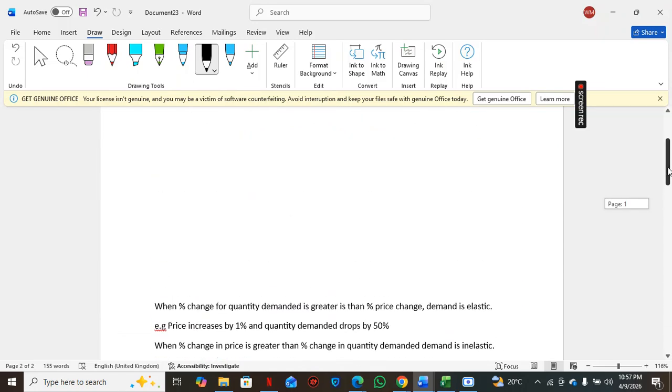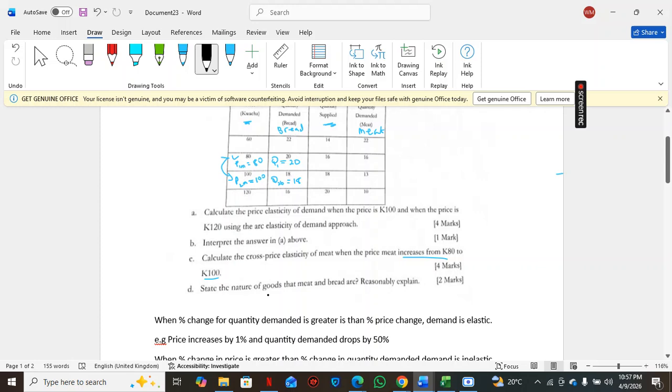Okay, and this part asks us to state the nature of the goods that meat and bread are, and reasonably explain. So these are complementary goods, the reason being the cross price elasticity of demand is negative.